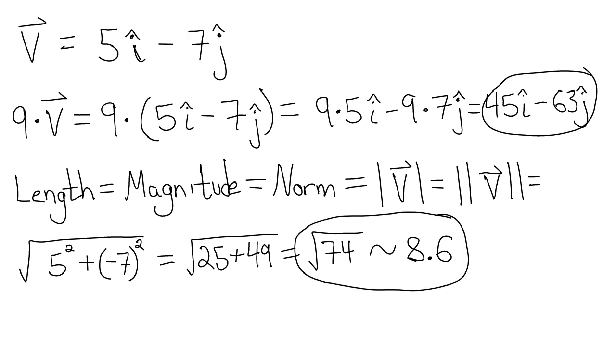So if you graph that vector, 1, 2, 3, 4, 5, 1, 2, 3, 4, 5, 6, 7, and you wanted to know how long that vector was, the answer is the square root of 74.